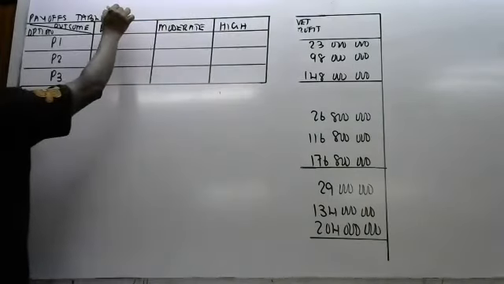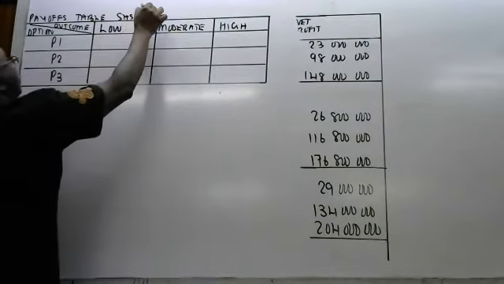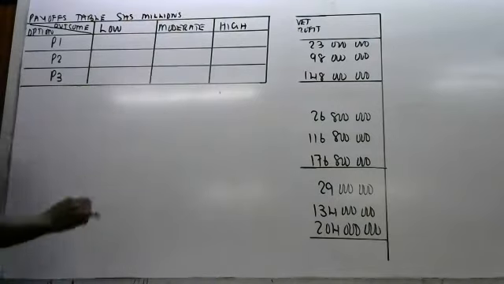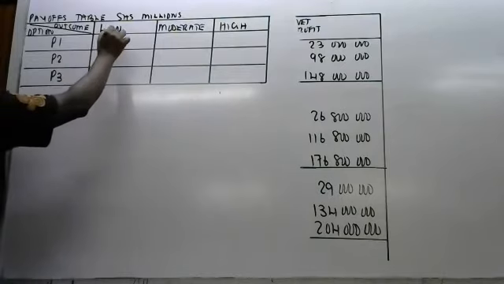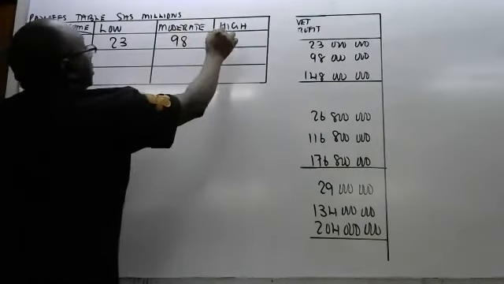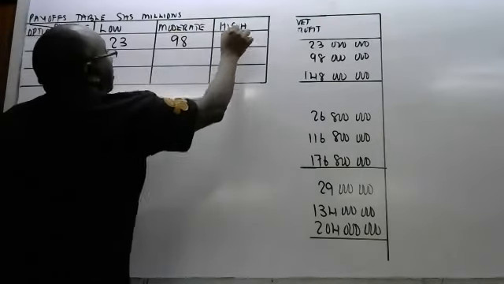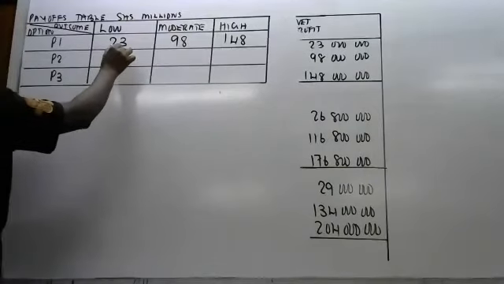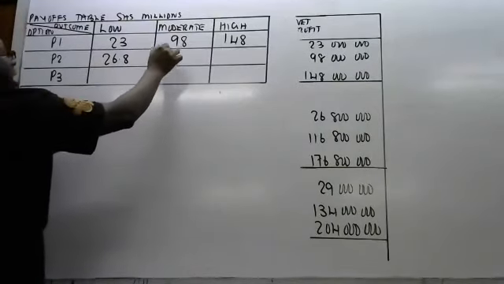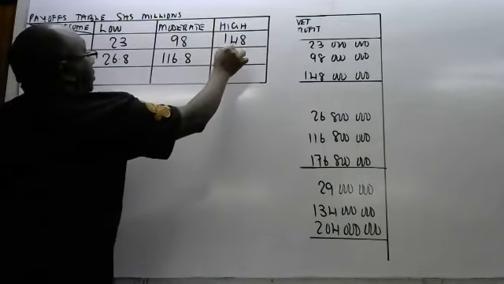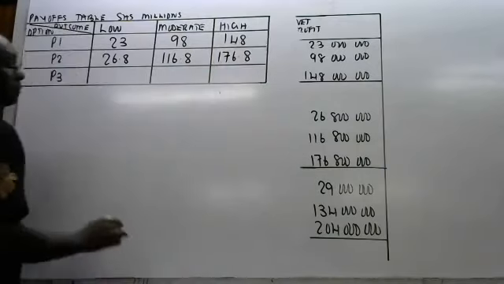So we can have our figures in millions, so that here I record 23, 98, and 148. Then this is 26.8, 116.8, 176.8.